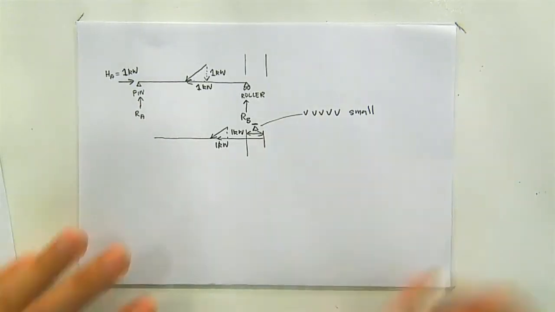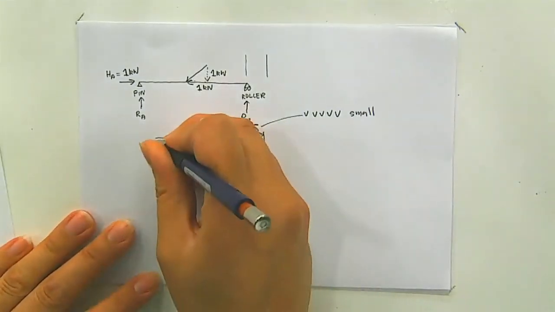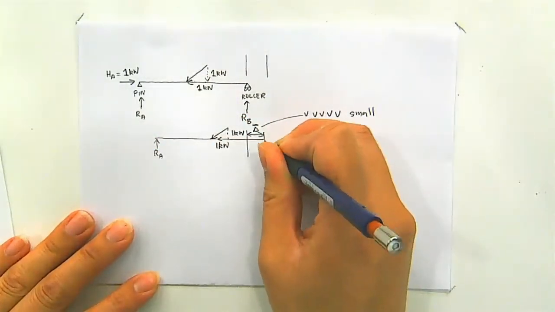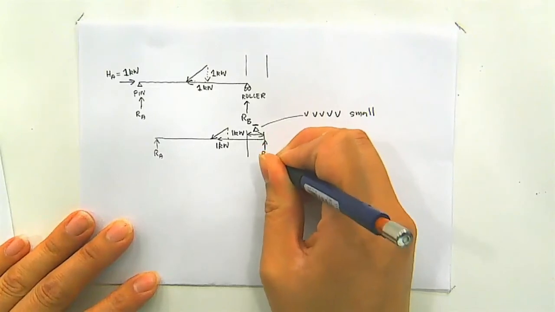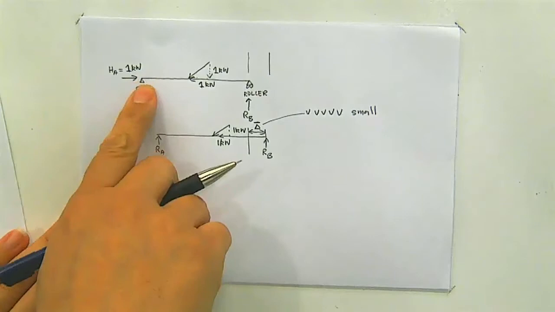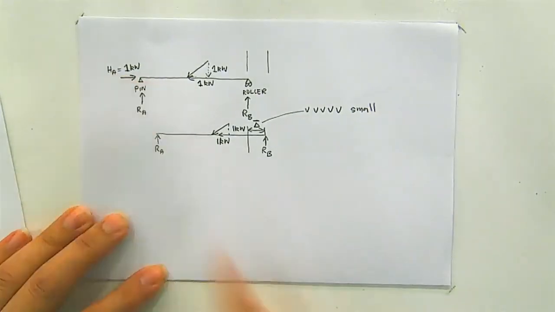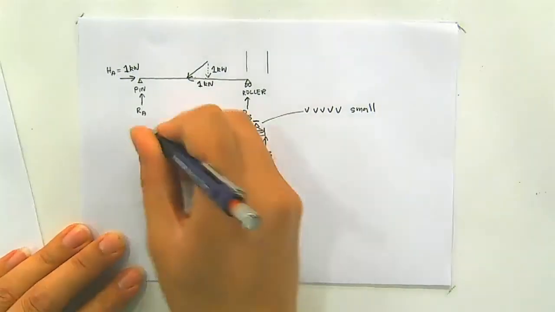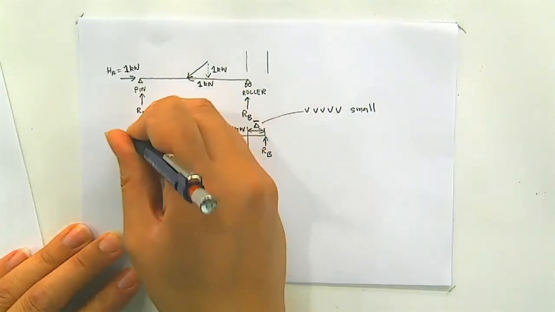Now up here we've got RA, and down here we've got RB, and we've also got this HA.